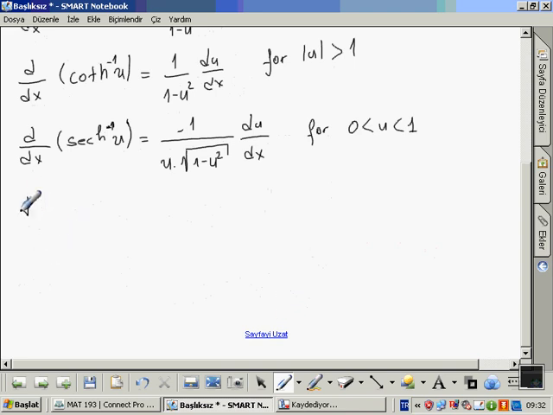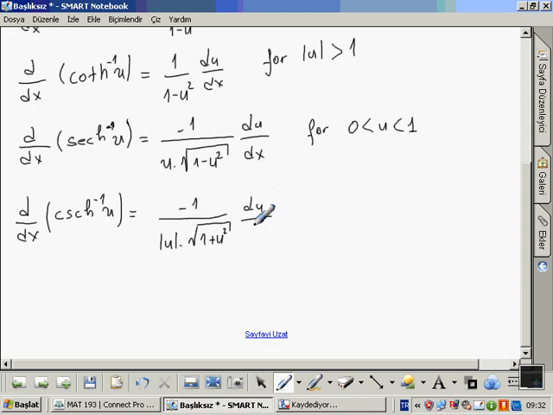And del over del x of inverse cosecant hu equals minus 1 over the absolute value of u times square root of 1 plus u square, del u over del x.